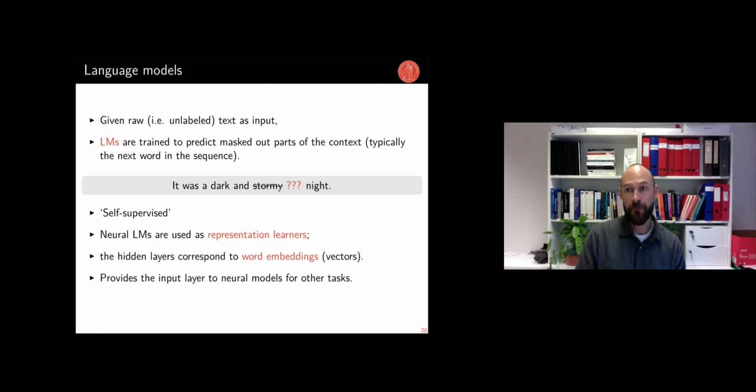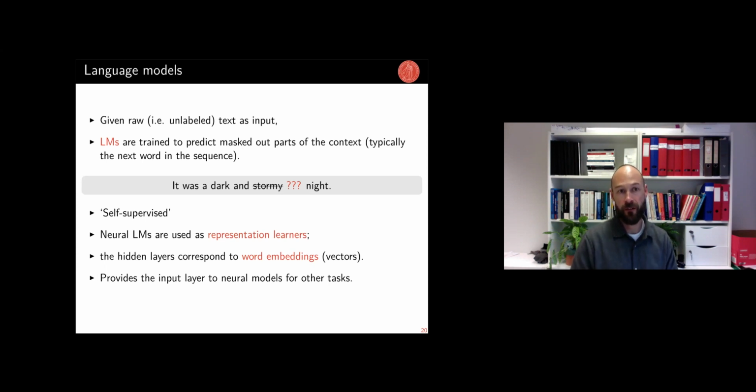And in NLP, we are rarely actually interested in the predictions that these models make in themselves. What we are interested in when we're using neural models to perform language modeling are the representations that the model learns in the process of trying to make these predictions.